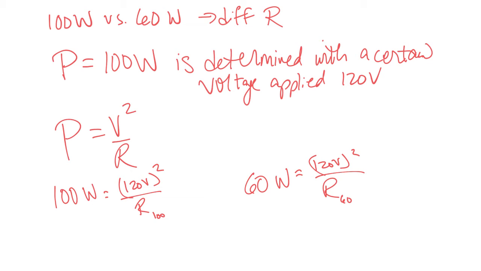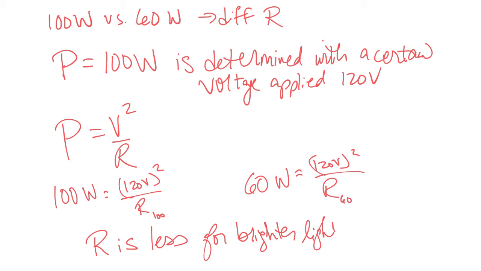And hopefully you see that the resistance is less for a brighter light bulb. Okay? You can see that with the math, but you could also probably intuit that a little bit, that if the R is less, you're going to get more current through it, and the current's probably going to translate into brightness somehow. So hopefully that clears up what I basically totally botched in class with the light bulbs.